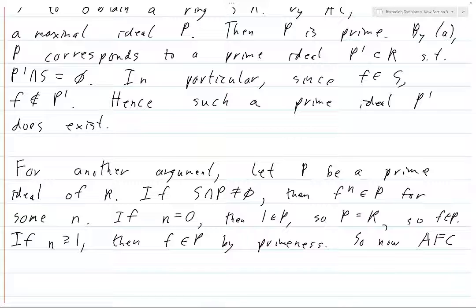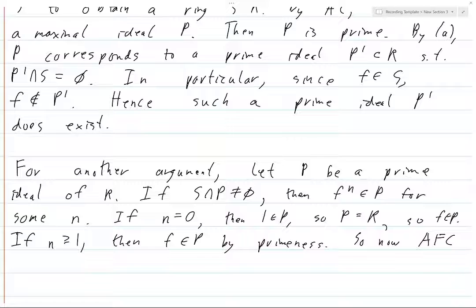Oh, right. Yeah, so for every prime ideal of R which intersects S, then f is in P. So basically intersecting S is the same thing as having f as an element of it.